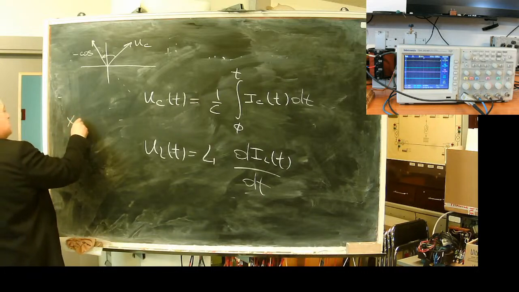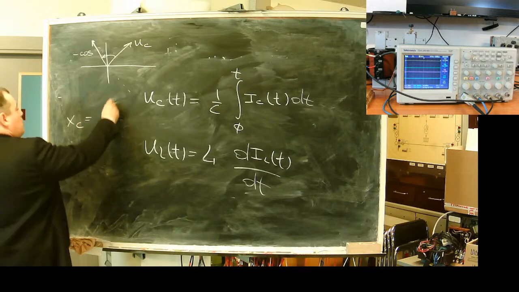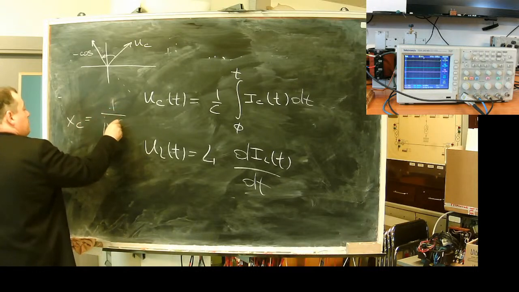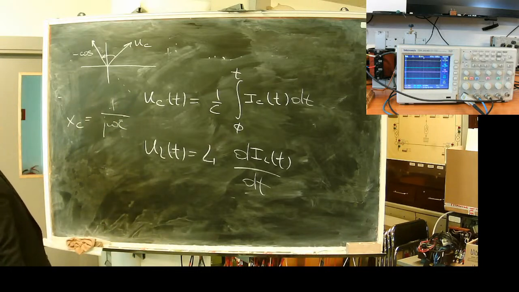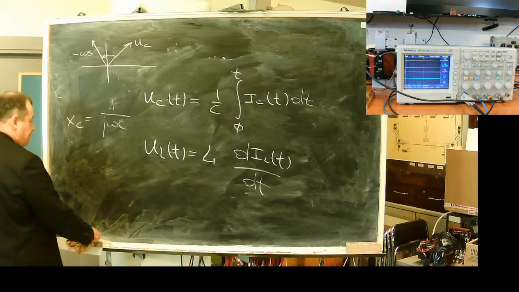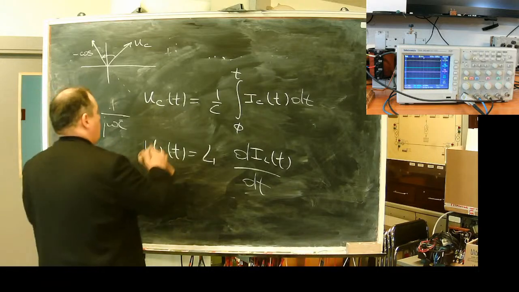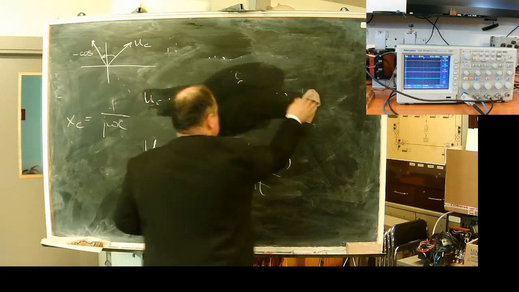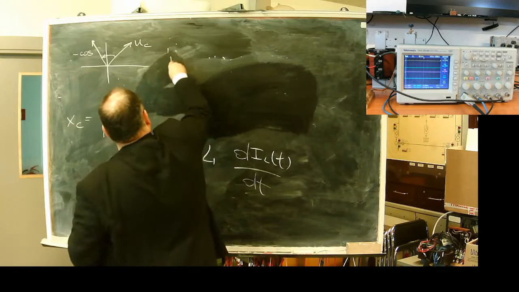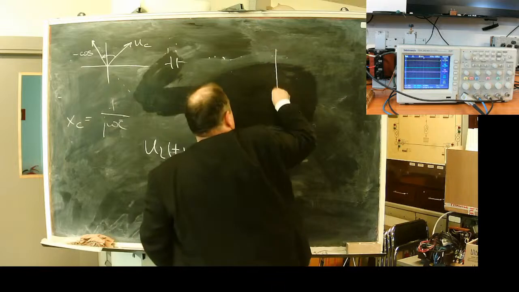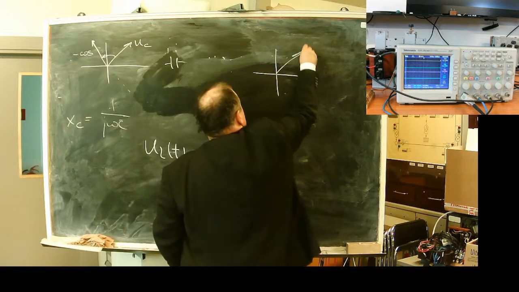For capacitors it would be 1 against jωC, and something different for coils.